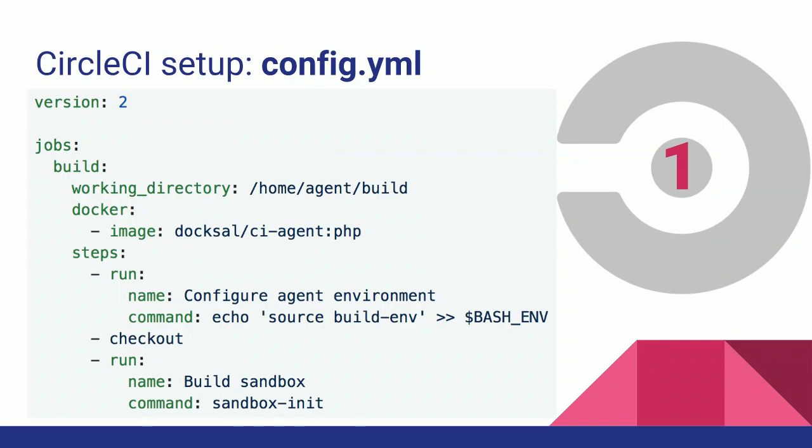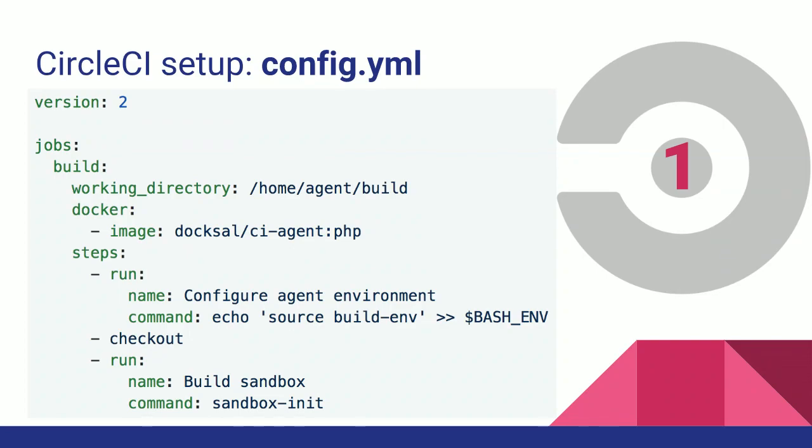really it's just the setup, telling it which Docker image to use for the agent that is going to control the actual build process. Some configuration for the agent, injecting variables for the build. Checkout is an internal instruction for CircleCI to check out the code base.